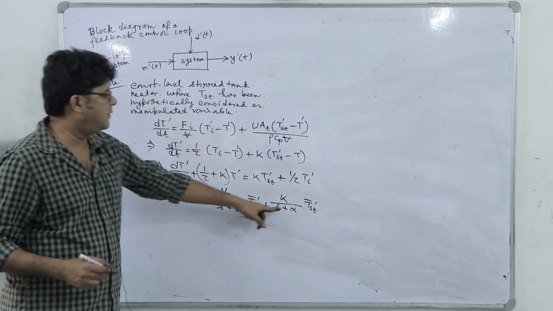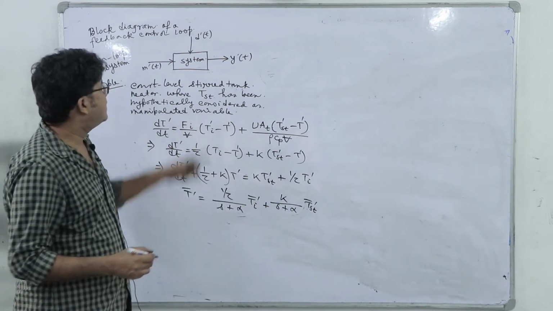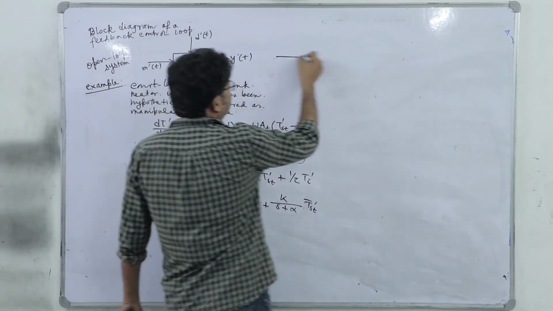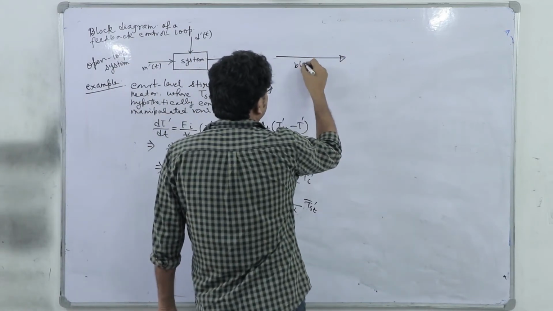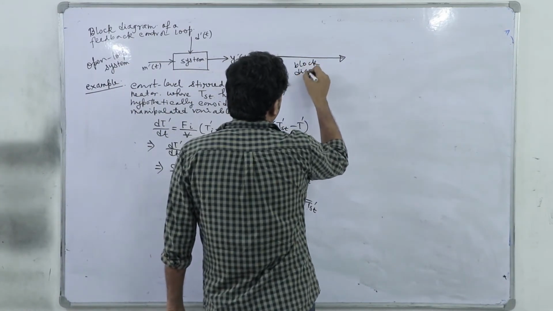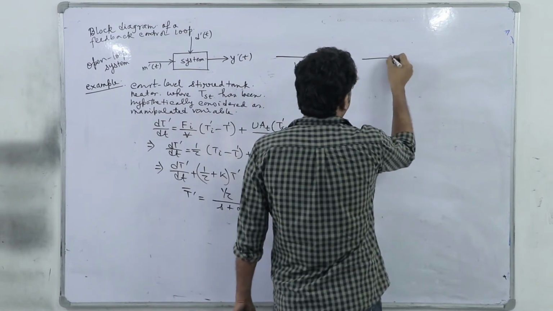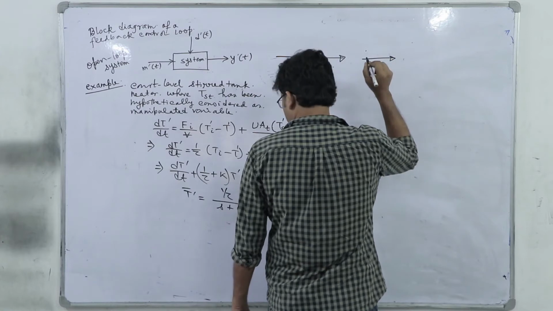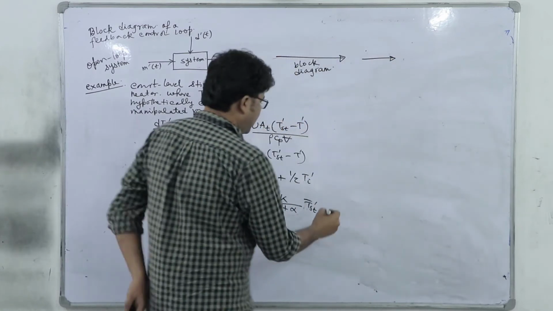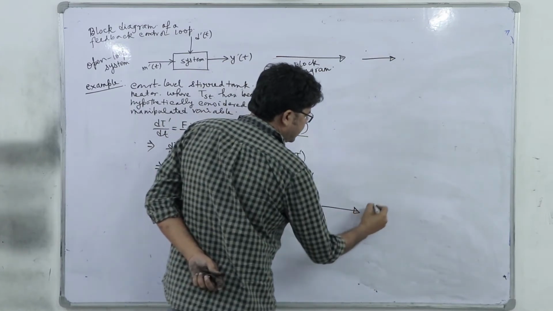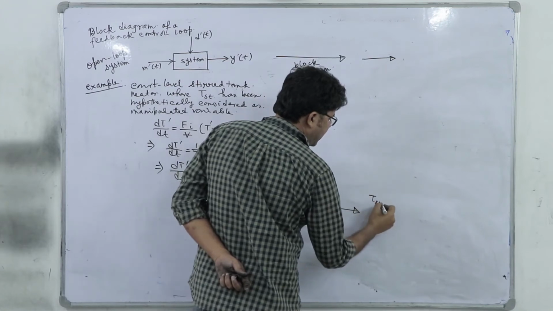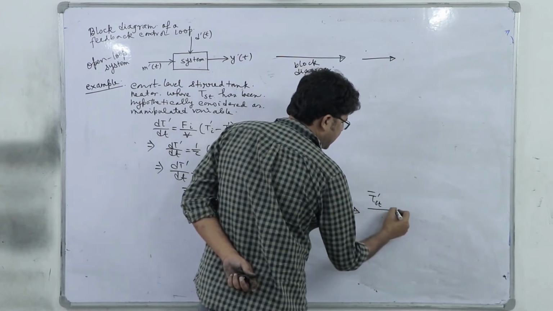So, individually we have two blocks. So, the block diagram mapping will be something like this. Here we have this manipulated variable. See, here what is the block diagram? Tst prime bar is a manipulated variable.